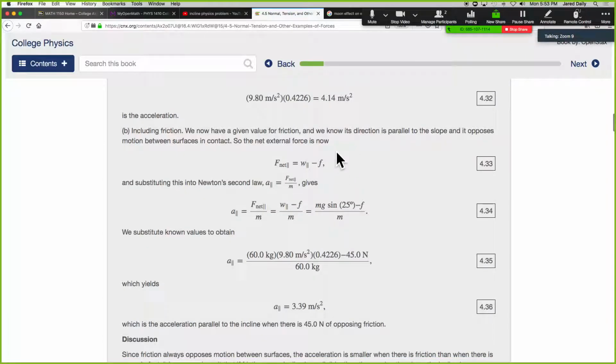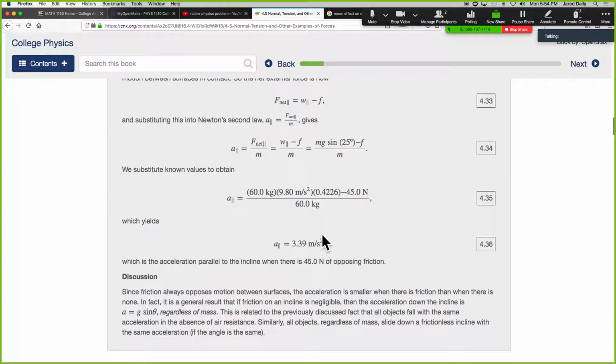It doesn't really matter which way you do it, just as long as you get the difference. So they do the weight parallel minus the frictional force, and that's your net force, which goes into Newton's second law. You end up with two forces subtracted from each other to get that net force, and you get less of an acceleration when friction is involved, which is exactly what you'd expect.